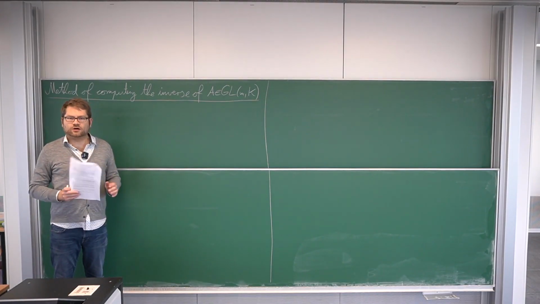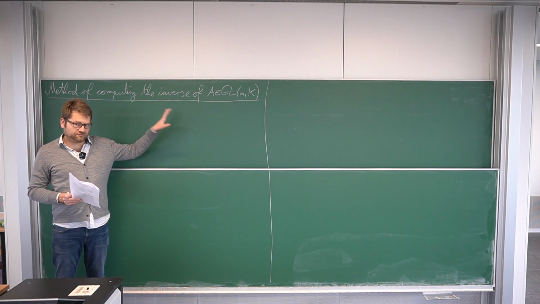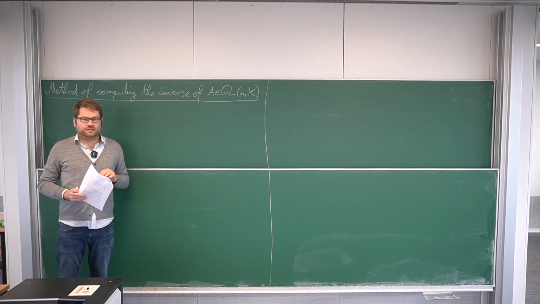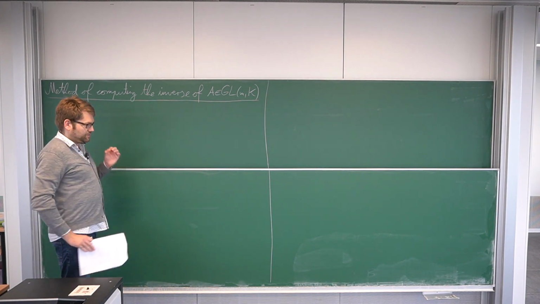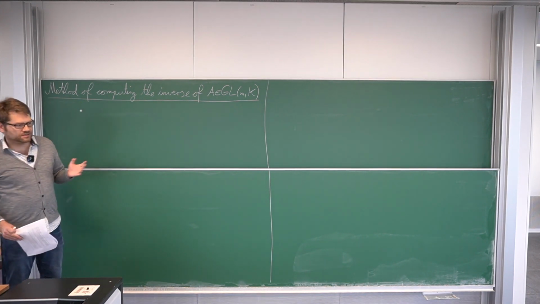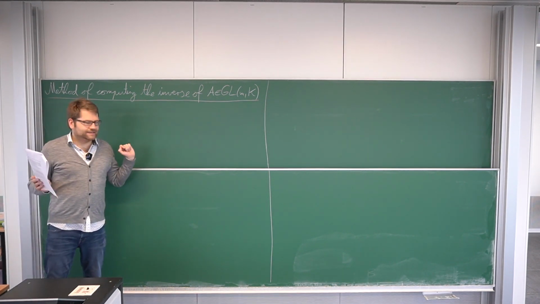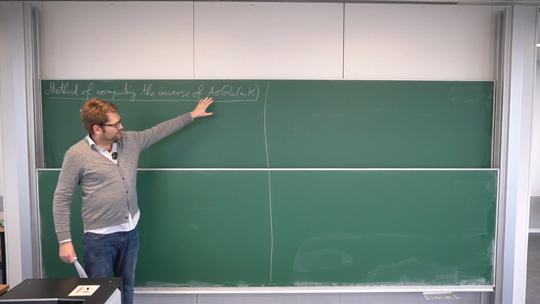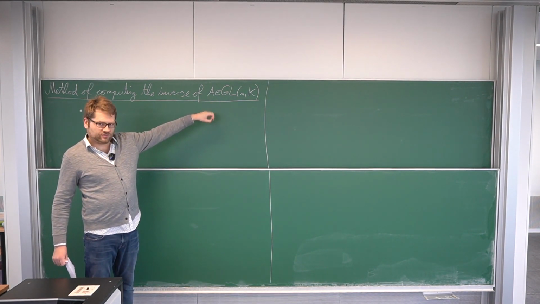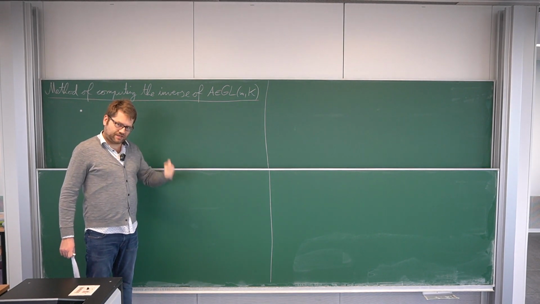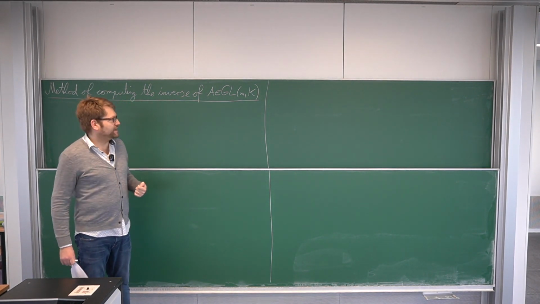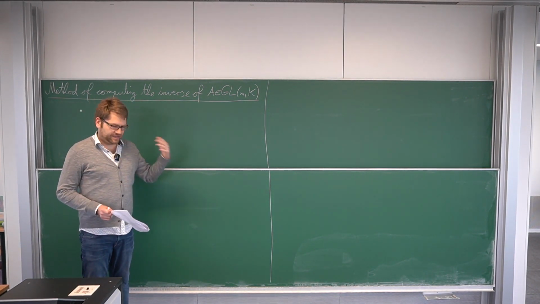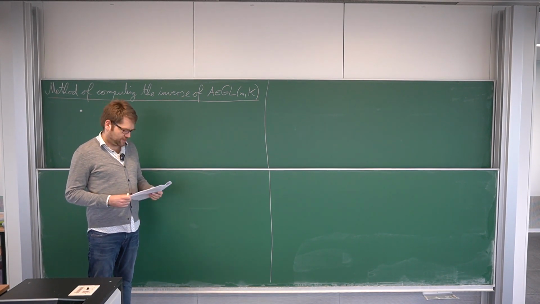So finally, how do we compute the inverse of a given invertible n by n matrix? The key is basically the observations we made along the way. We have seen that if we start with a given invertible n by n matrix, we can first make it upper triangular by elementary row operations, and then turn it into the identity matrix by elementary row operations.